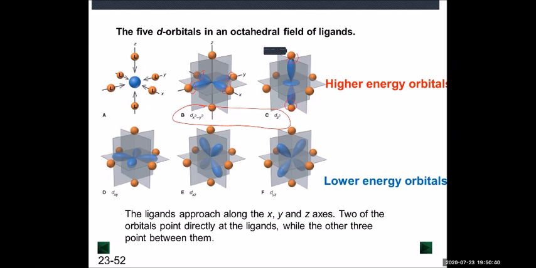So this will cause the energy level of these two d orbitals to be higher. The interaction between ligand and d orbitals makes 2 of them go higher.